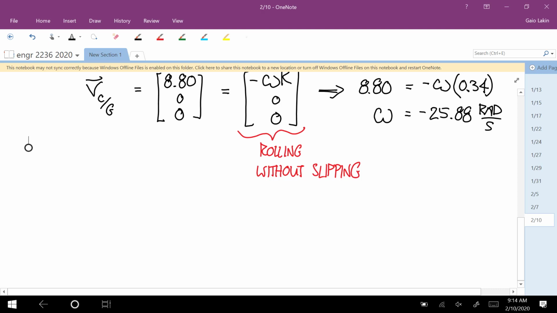Anytime you're doing a rotational motion, a circular motion problem in the xy plane, you're only going to have a z component for the angular acceleration and angular velocity too. So omega is equal to 0, 0, negative 25.88.